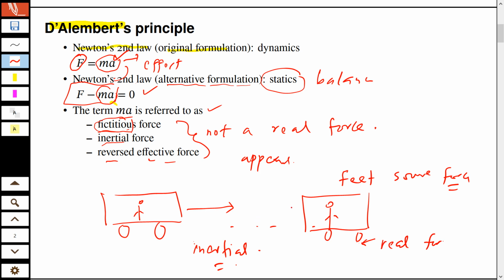That is not a force. But if you want to see this as a force, you can call it inertial force or fictitious force. We will be using this concept in some of the problems, but you need to be aware that it is just a mathematical trick. If you want to see its correct meaning, it's Newton's original formulation, and in it this is not a force, it is an effect.